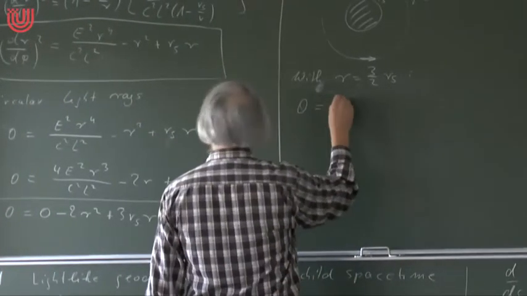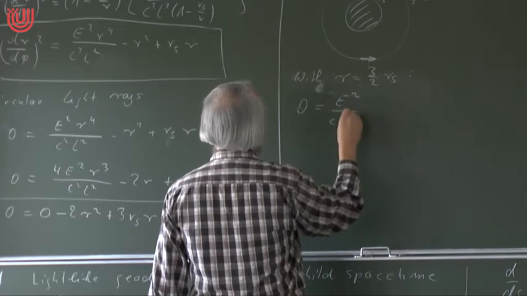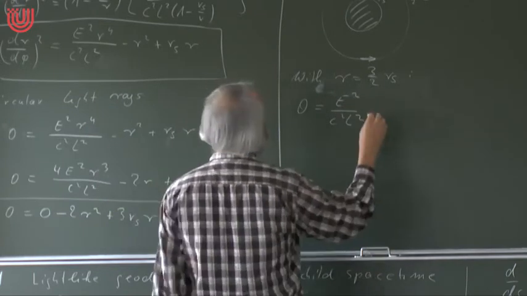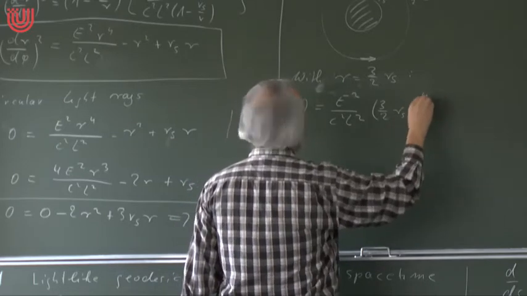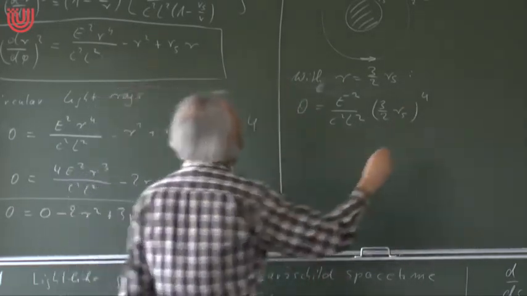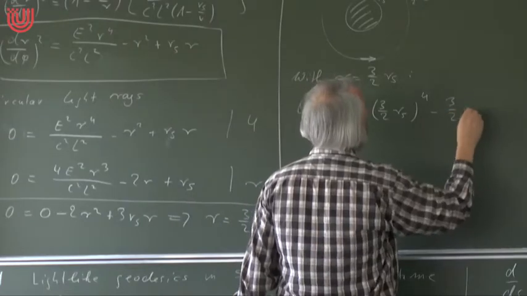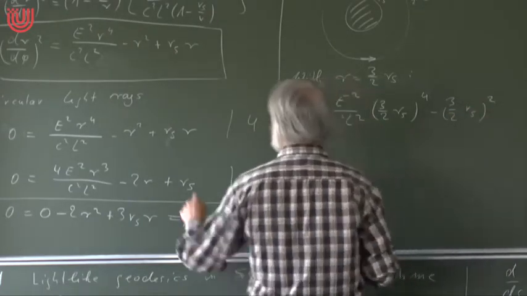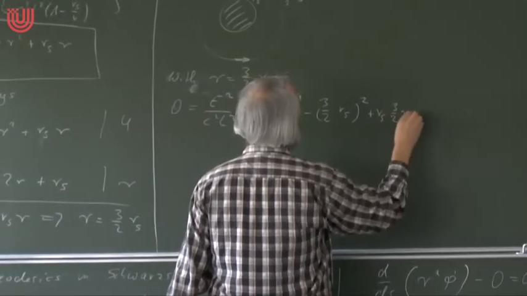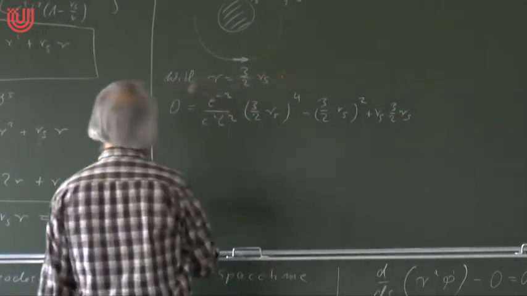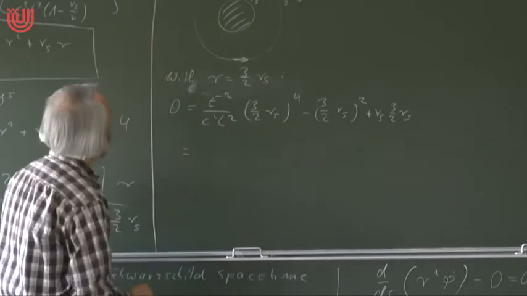So we have 0 is E squared over c squared L squared r to the 4, and r to the 4 is (3/2 rs) to the 4, minus r squared, and rs r. And the whole thing is 0. So let's calculate this.